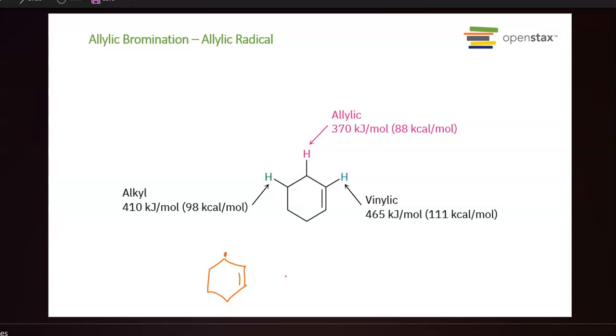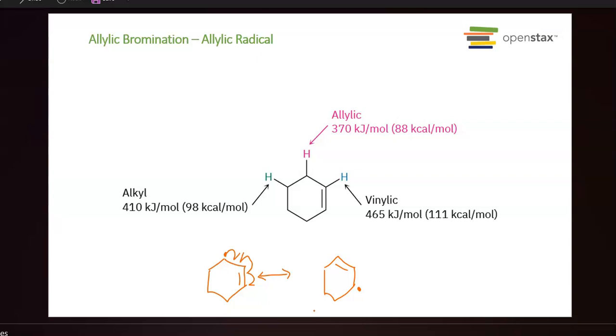Okay, here is the allylic radical, and it can undergo resonance where this double bond breaks over here with only one electron and the other electron remains here. So you get a resonance structure, right?